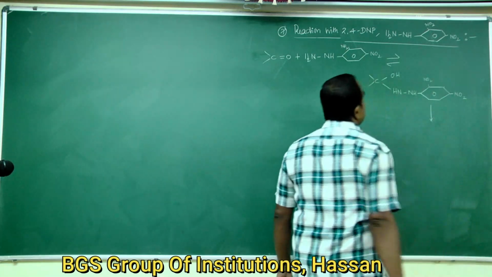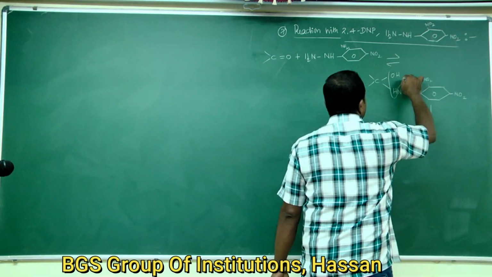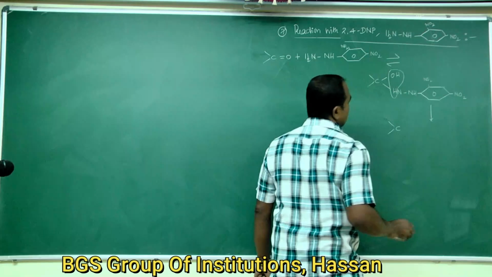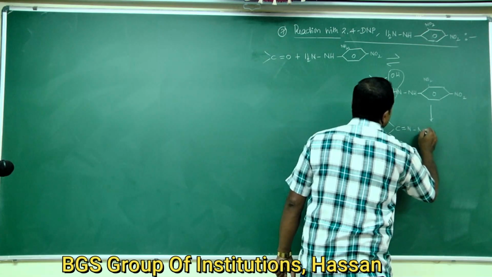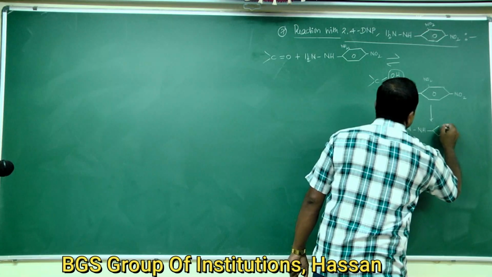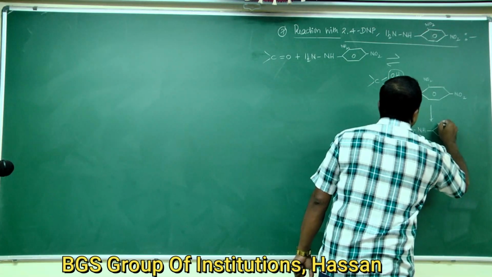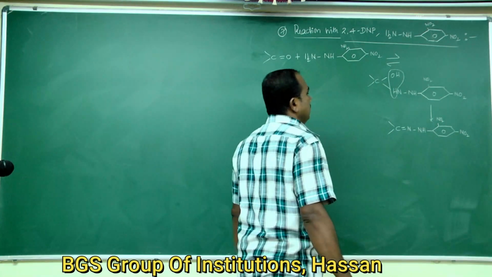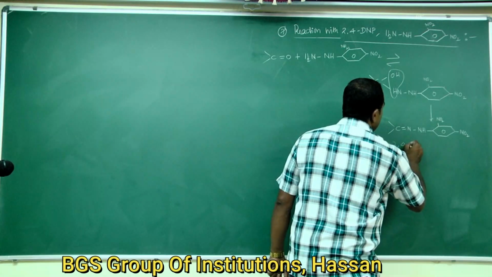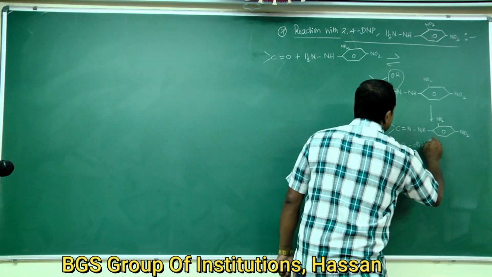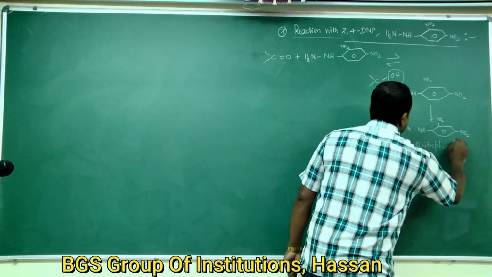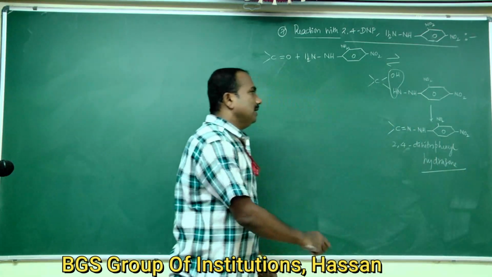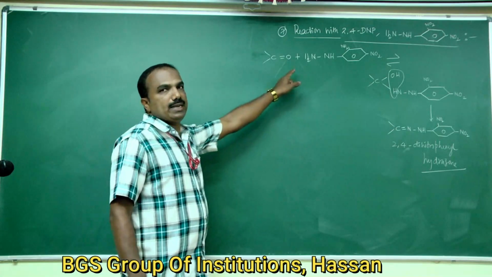So on dehydration, it removes a water molecule to form C=N connected to NH, connected to the benzene ring with 2,4-dinitro groups. So 2,4-dinitrophenylhydrazone is formed.